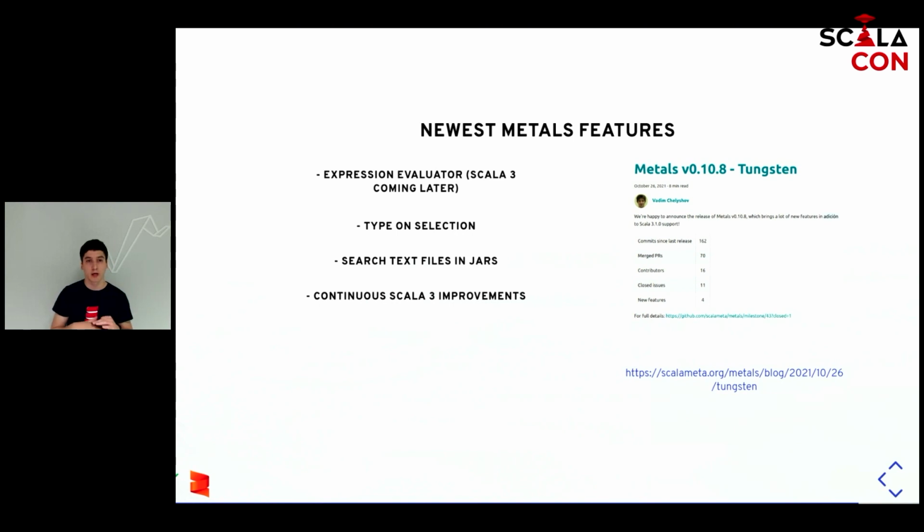It can show type on selection, so whenever you select some kind of code, you can learn what the type of that expression is. There's this nice new feature that you can search all your dependencies for text files and certain strings within them, which was contributed recently and is a really amazing contribution. And we obviously did a lot of nice Scala 3 improvements there.